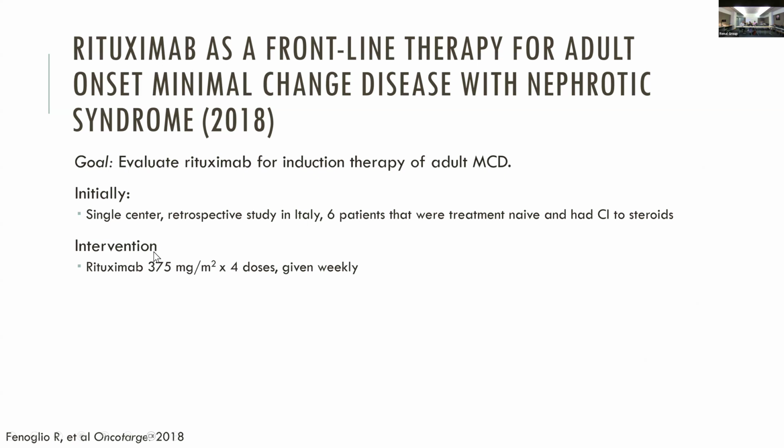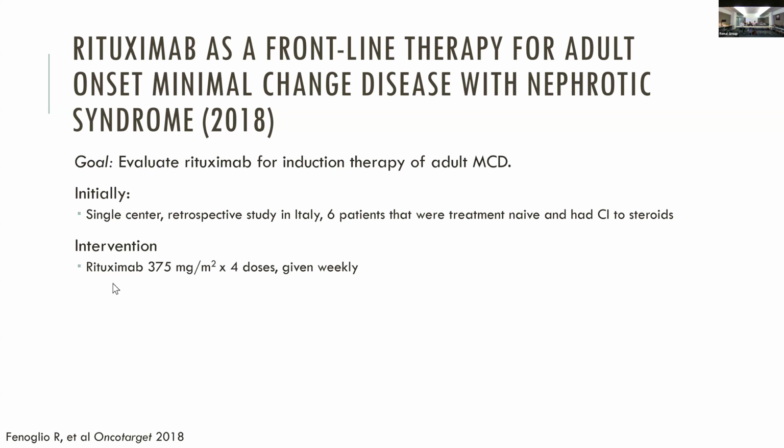And then also in 2018, there was a very small retrospective study of 6 patients. This was looking at use of rituximab in treatment naive patients. I think this was really the first time it had been looked at as induction, using rituximab first line.